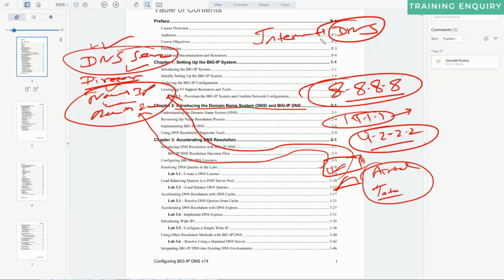Let me tell you, frankly speaking, you can access facebook.com using its IP address, but they do not allow that. Even though you have IP connectivity, it will not be accessible. They set up their application server in such a way that if a request is coming in using an IP address, they will not entertain it, right?